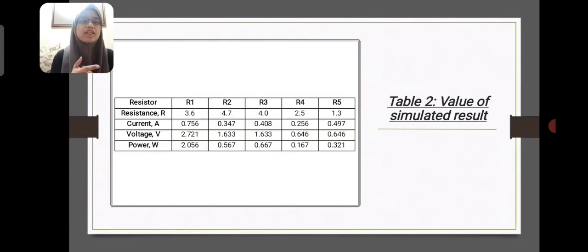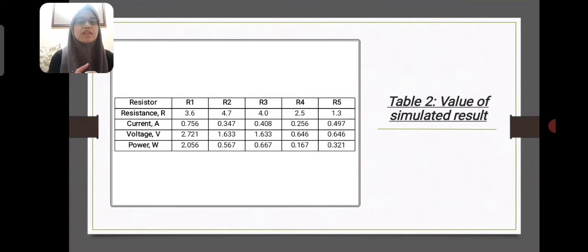So the next table shows the values of the simulated result. From this table, we are using a simulator.